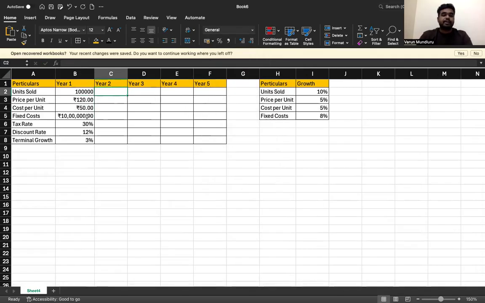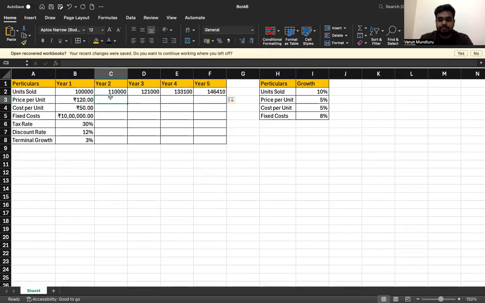Now, to find the units sold from year two, we will be taking the units sold in the previous year multiplied by 1 plus the growth rate of units sold. Let us freeze the growth. Now, by dragging this till year 5, we will be finding the values for years 2, 3, 4, and 5.